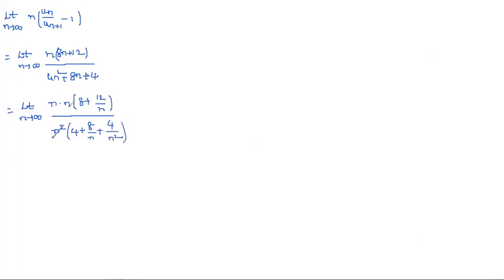So here the n square and this one cancel. And what about remaining? If you substitute n as infinity, 8 plus 12 by infinity, by 4 plus 8 by infinity plus 4 by infinity square. Anything by infinity is 0. What about remaining? 8 by 4. So this is nothing but 2.